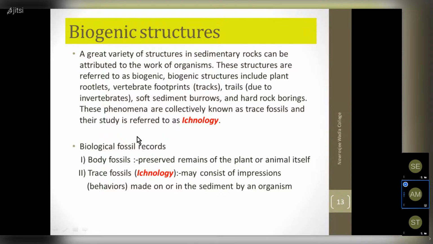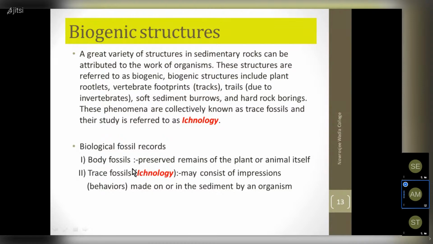Biological fossil records can be divided into two main categories, which are body fossils and trace fossils. Here we can see the answer to one of our questions at the beginning of the presentation, which is what is the main difference between ichnology and body fossils?